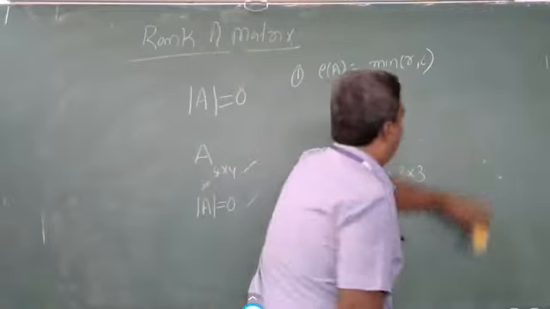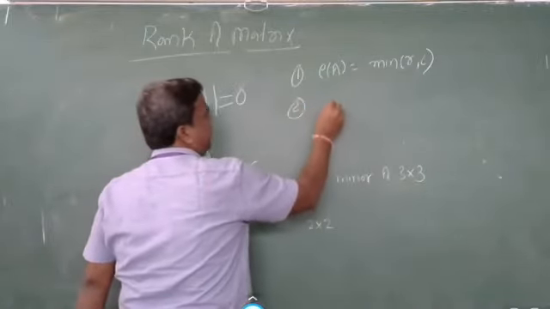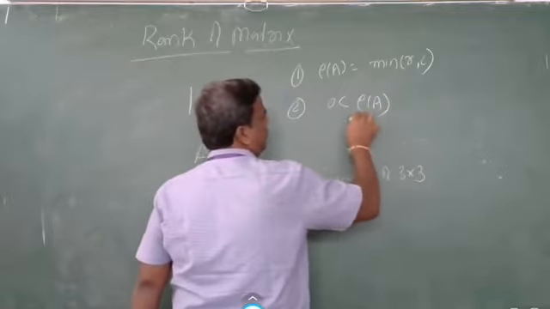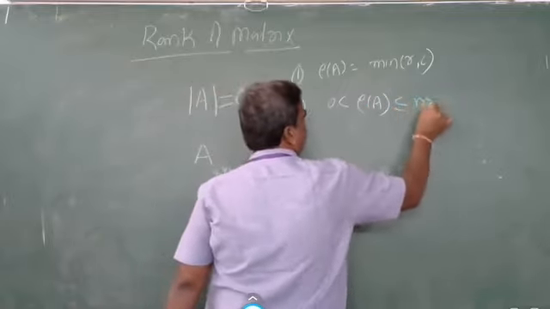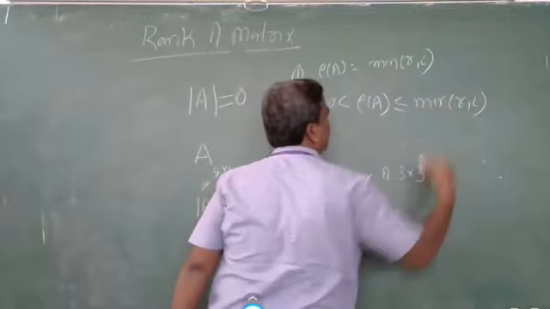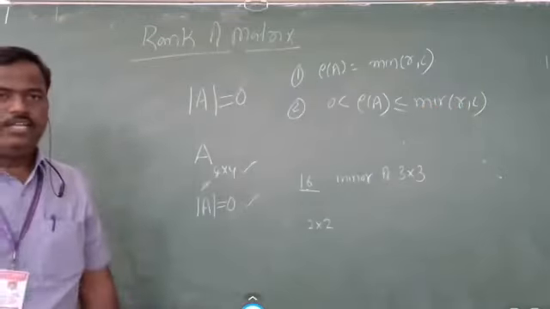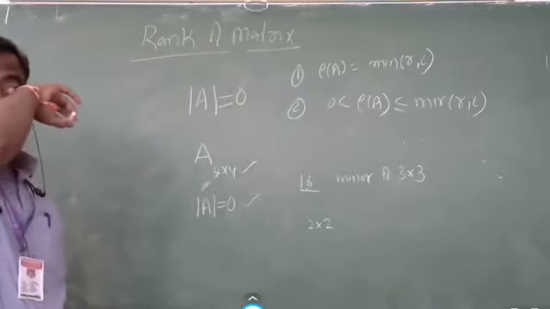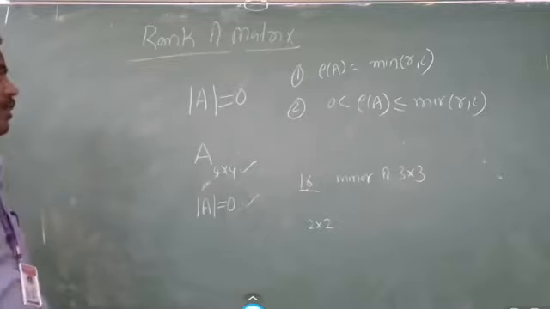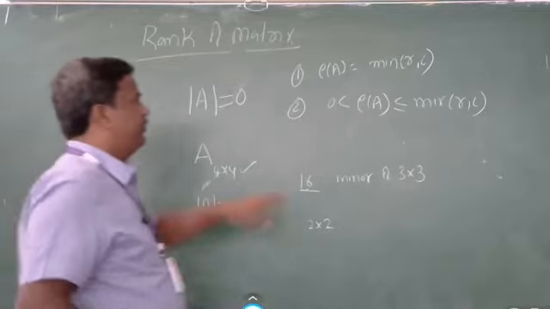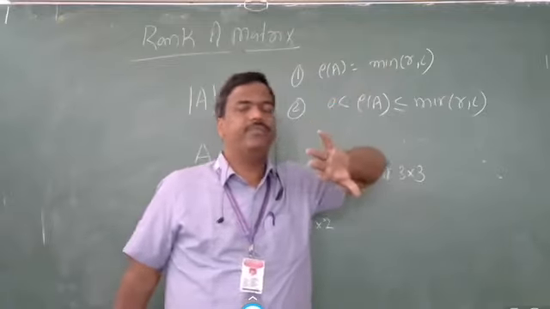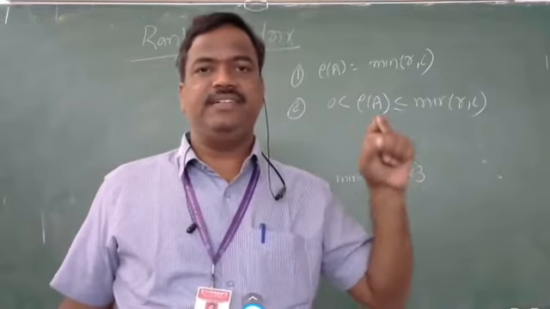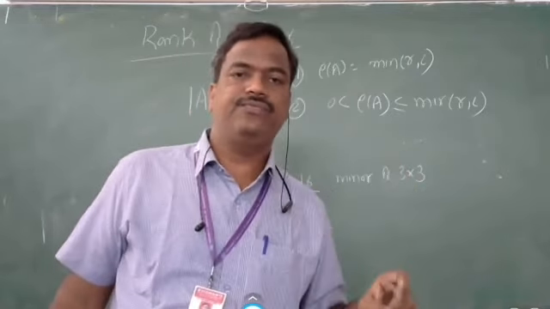And if the matrix is a non-zero matrix, then the rank of matrix is greater than 0 and less than or equal to minimum of R comma C. If it is a 0 matrix only, then the rank is 0. Otherwise it is non-zero rank. 0 matrix means all the elements in the matrix are 0.